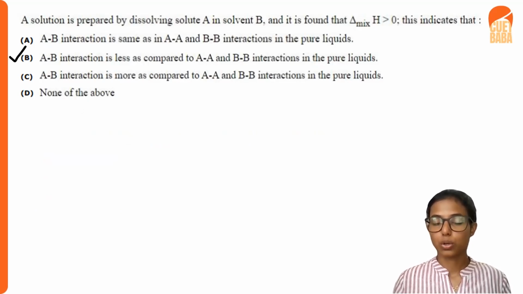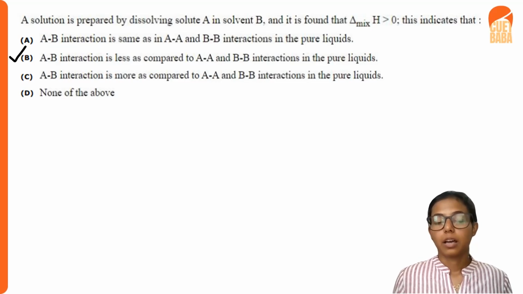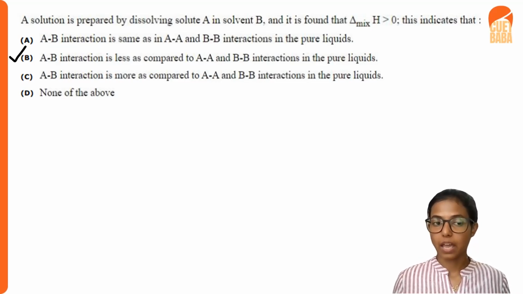We can see this on the basis of solutions. In an ideal solution, when we mix a solute in a solvent, the AB interaction and the AA and BB interactions will be equal. But when the interaction changes, we say that it deviates from ideal behavior. When AB interaction is less than the AA and BB interactions, we say that it is positively deviated.